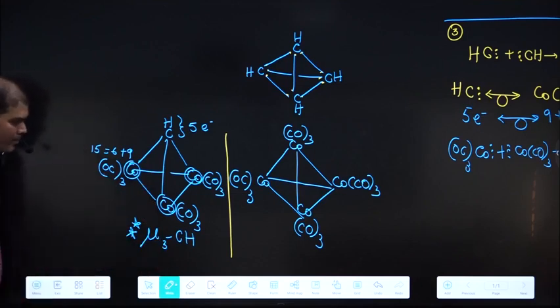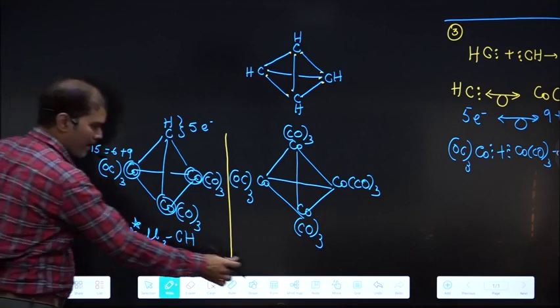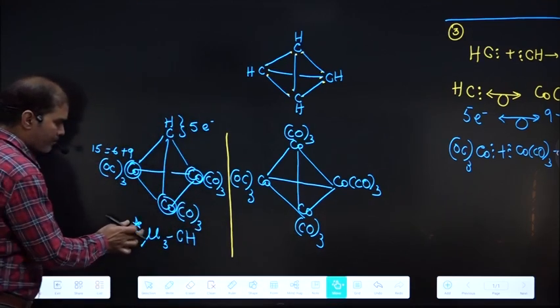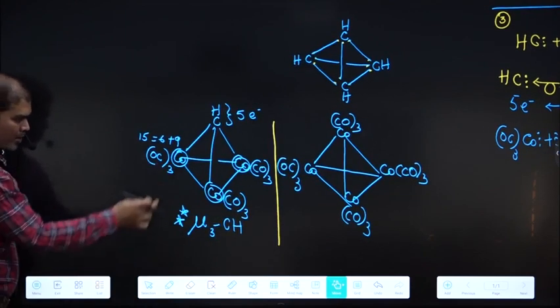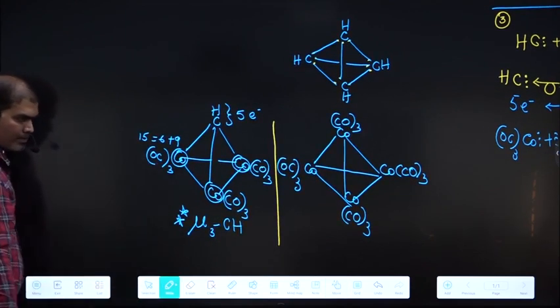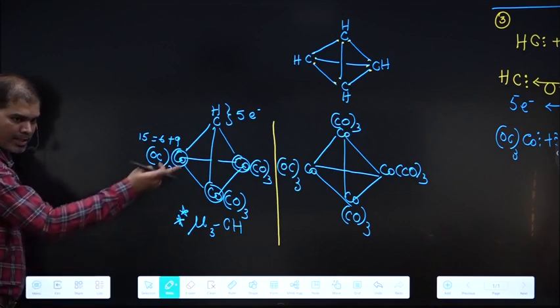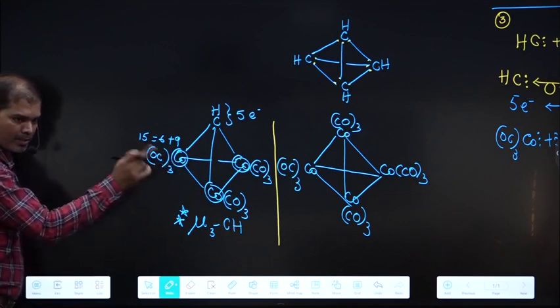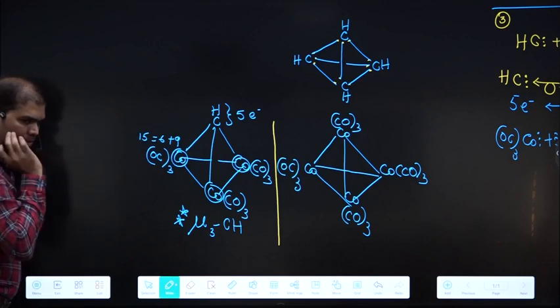Okay? How many electron system is it? What is the total electron count? Co4(CO)12, what is the total electron count? 60. Total electron count is 60. What should be the total electron count of this?